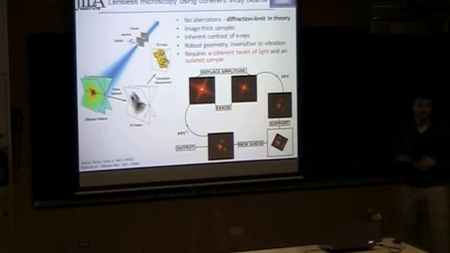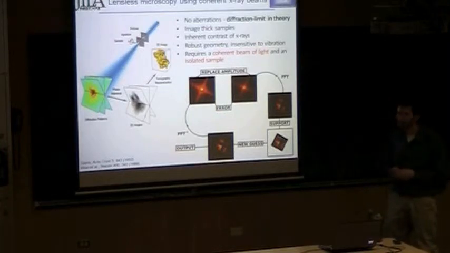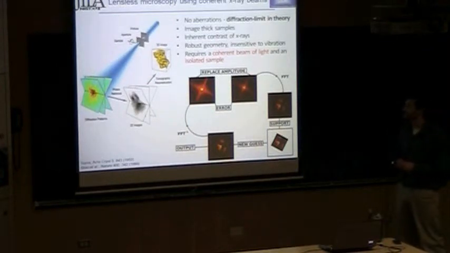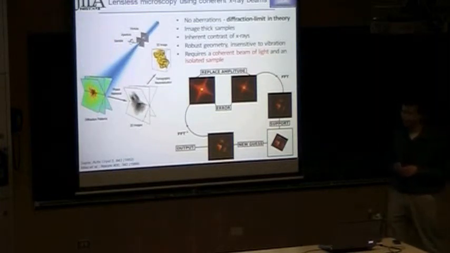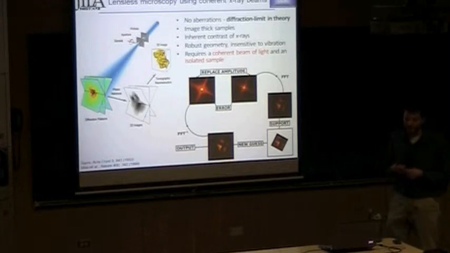People spend a lot of money on really nice objectives with many optical elements that correct for all the aberrations and form a nice image of your sample. And so you can imagine as you go to the soft X-ray region of the spectrum, it gets harder and harder to make optics with that low level of aberrations. So you're generally limited by the optics and not by the wavelength that you're using.